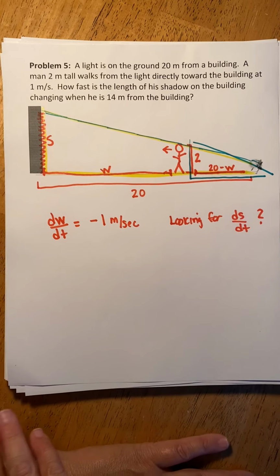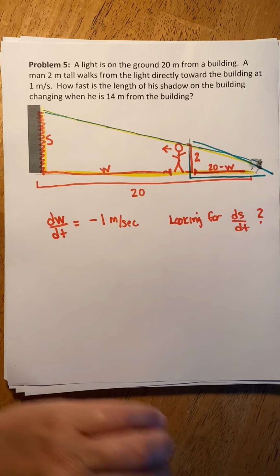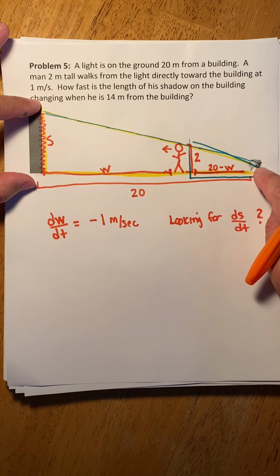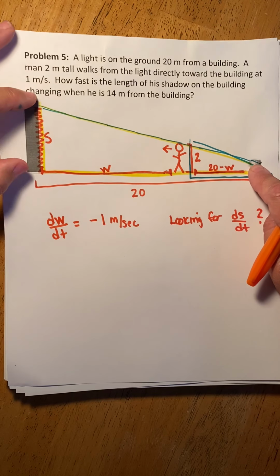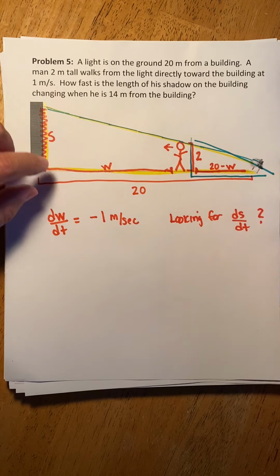What's cool about similar triangles is the ratios of their sides are equivalent. So I'm going to look at this big yellow triangle, and refer to this angle. The tangent of this angle is going to be S over 20.